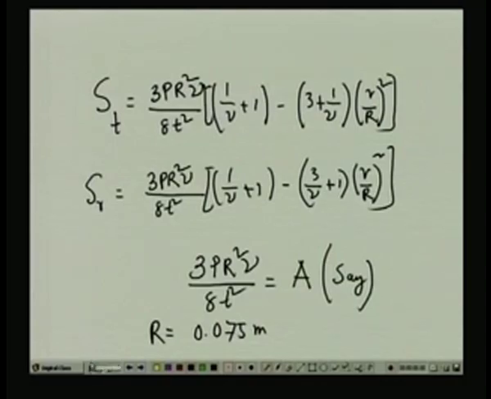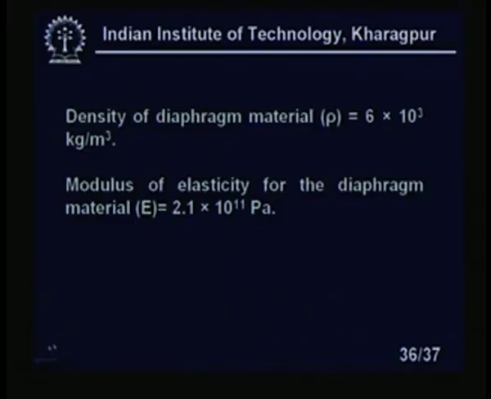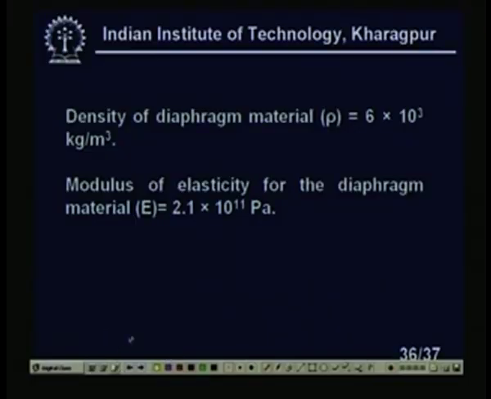So, I can say ST at R equal to RT is equal to 4.572 A, right.